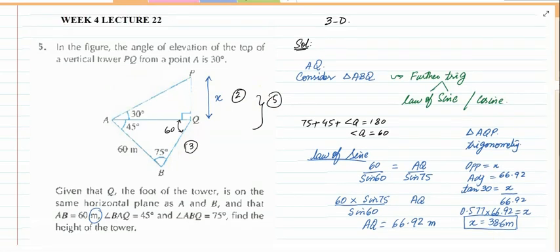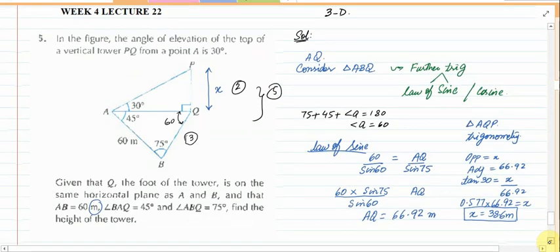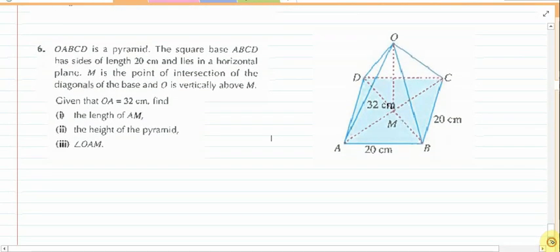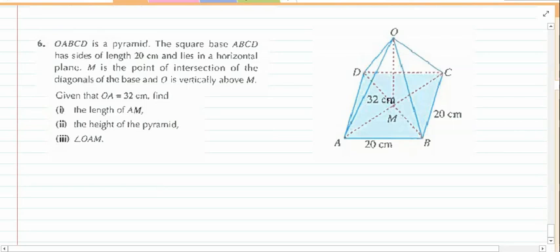Moving on to the next question, that is question number 6. I have already pasted the question here with the enlarged figure, right? It says OABCD is a pyramid. The square base ABCD has sides of length 20 cm and lies in a horizontal plane.